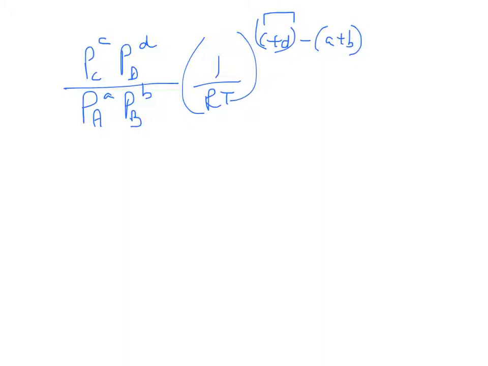Notice these are the number of moles of the products and these are the number of moles of the reactants. So one can say that this is the change in number of moles.